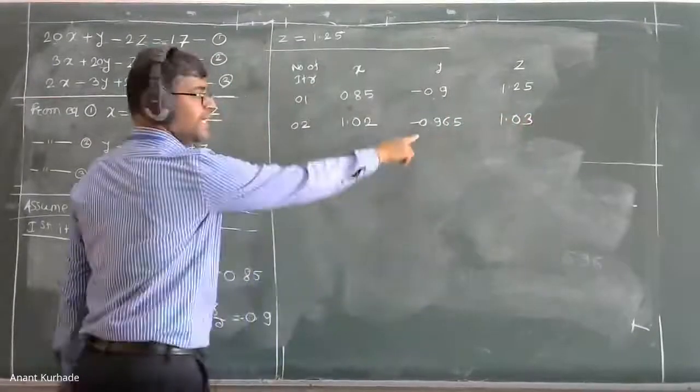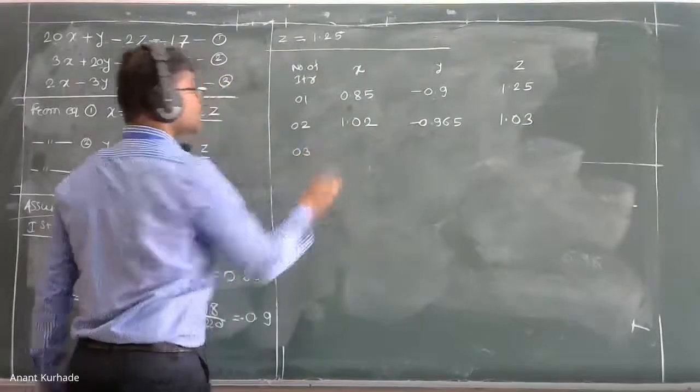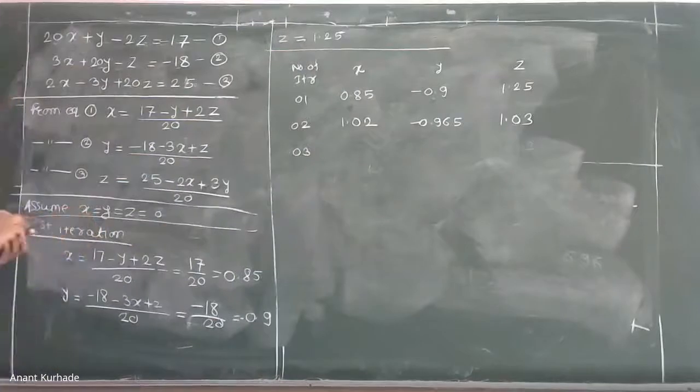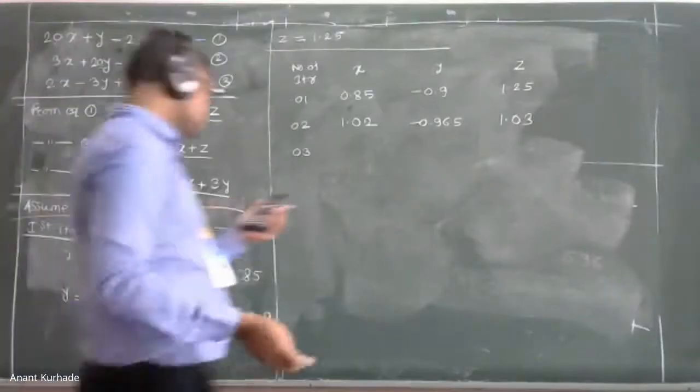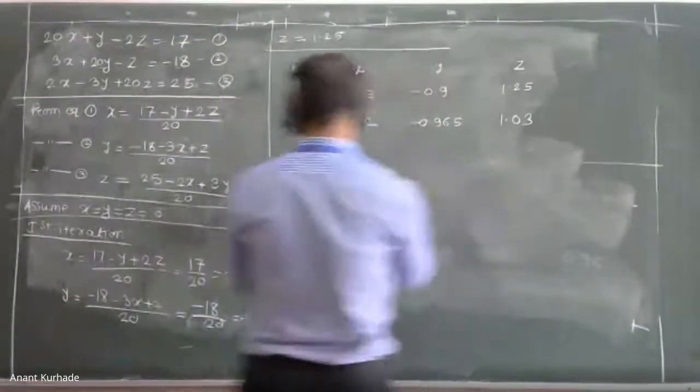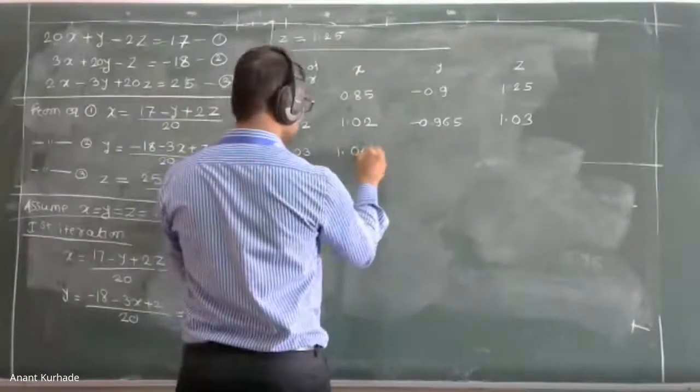Now the third iteration. What is x? 1.0012.